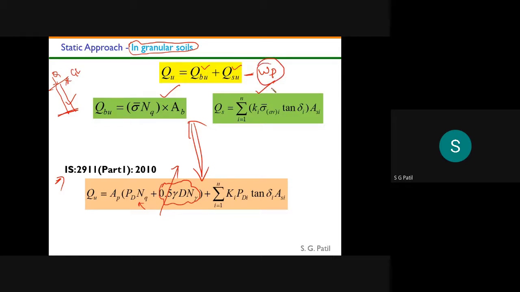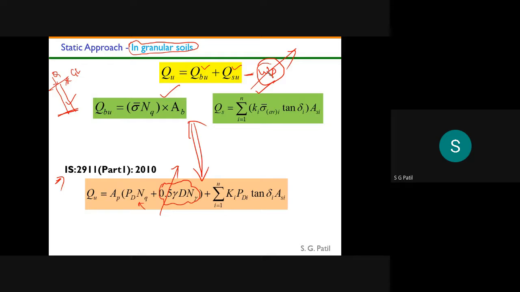Some textbooks also tell you to deduct the weight of the pile. But in our calculation I will neglect this, because compared to the resistance you get from the base resistance and shaft resistance, the weight of the pile is very, very negligible. So I can neglect the weight of the pile.